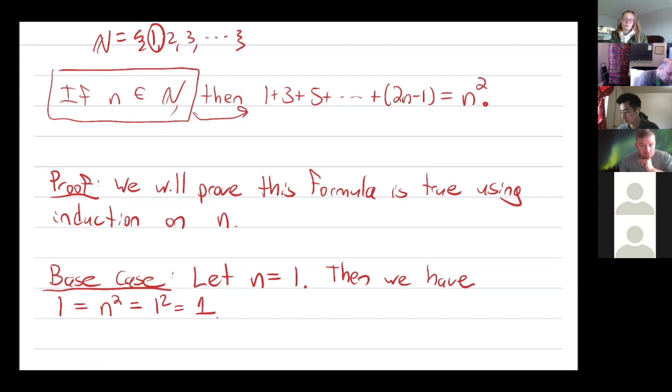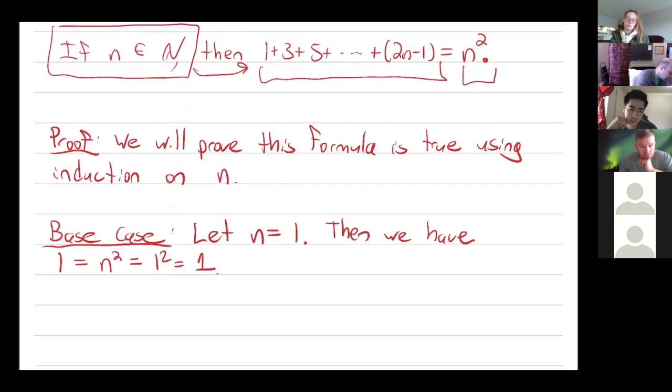Basically all I'm checking here is that the left side gives me the same thing as the right side. This property is saying that this sum, which now contains only one term, is equal to n squared.